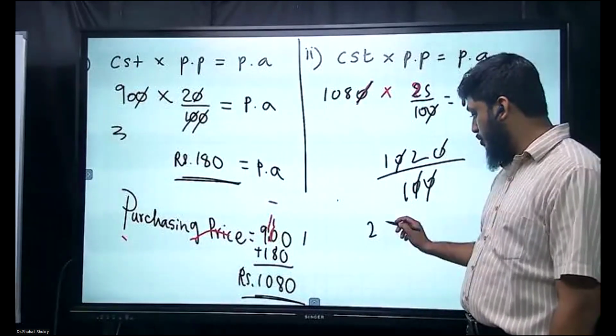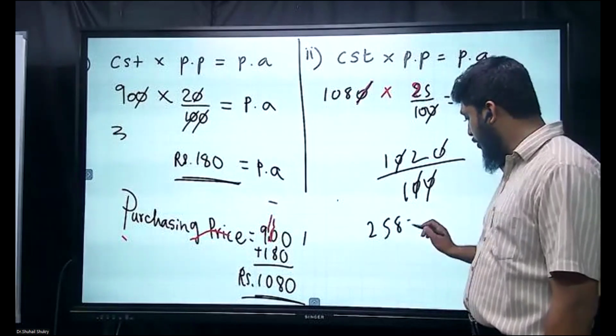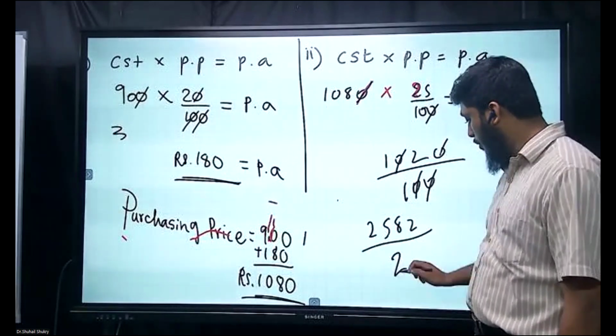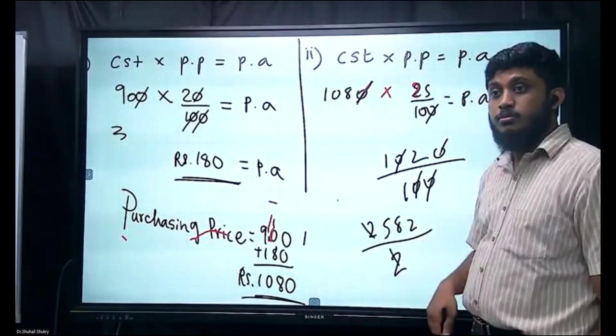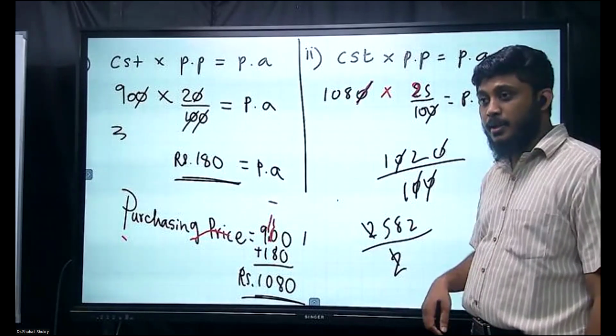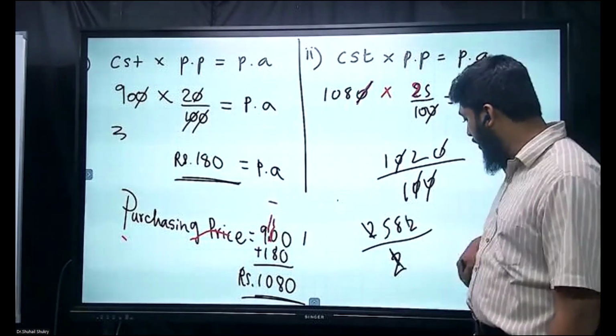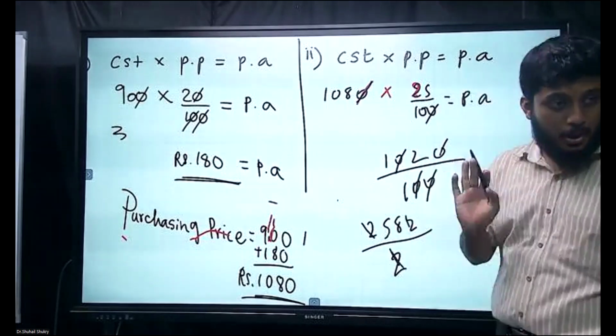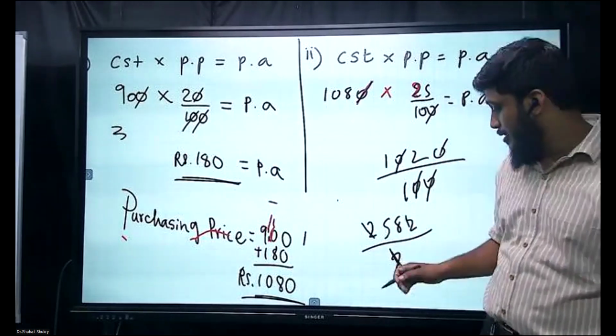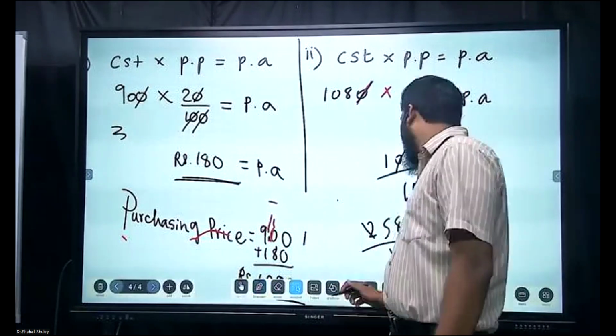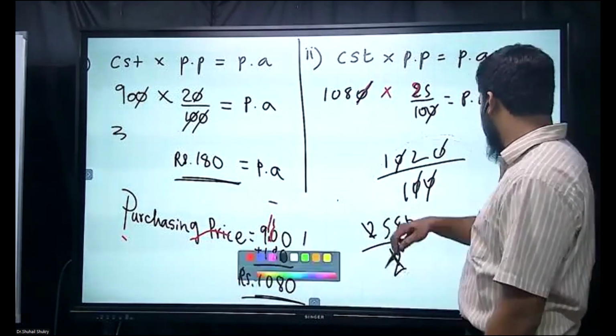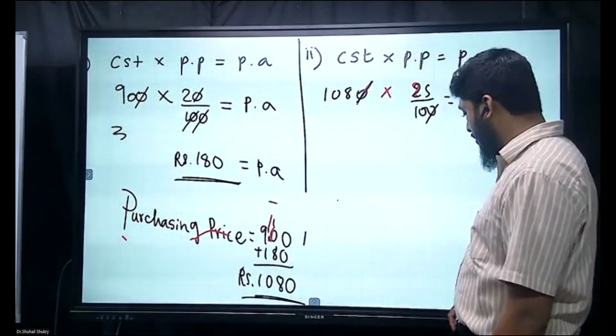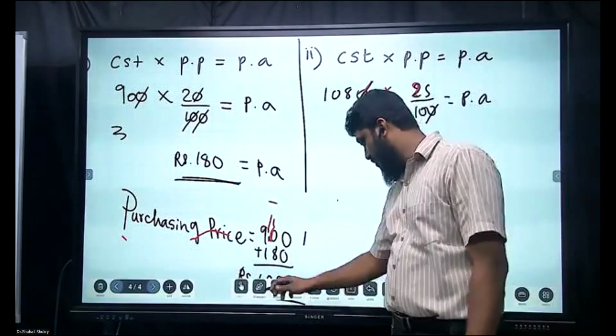Some people are doing like this: 2582 divided by 2, they cut like this, 2 and 2. You can't do that, right? It will cause trouble when the exam comes. The maths teacher will be upset, remember that.